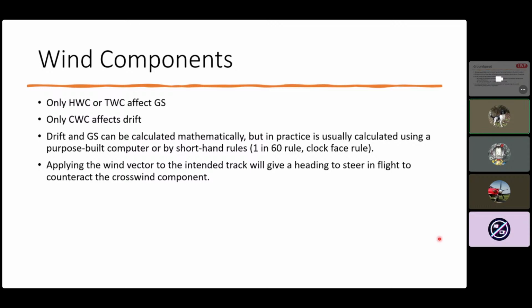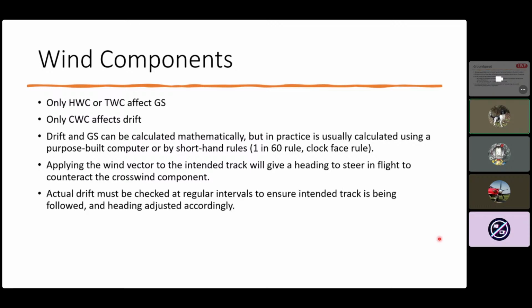And by applying the wind vector to the intended track, it will give us a heading to steer in flight to counteract the crosswind component. Actual drift has to be checked at regular intervals to ensure that we're still flying the track that we want to be flying, and we need to adjust the heading accordingly. But we will, before the flight, calculate what our heading should be to counteract the wind.